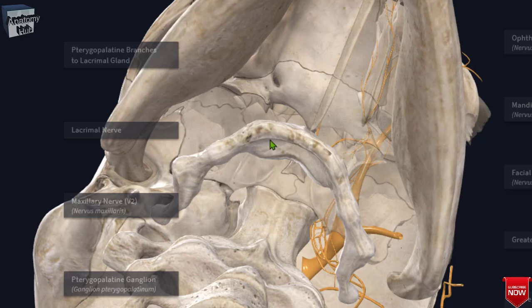So here you can observe that this is the palatine bone, the horizontal plate of the palatine bone, and here the greater palatine foramen and lesser palatine foramen, through which you can see how the greater palatine nerve, along with the vessels, that are not visible over here, are just coming out of this foramen towards the oral cavity. Okay, now you can see here this is the roof of your oral cavity.